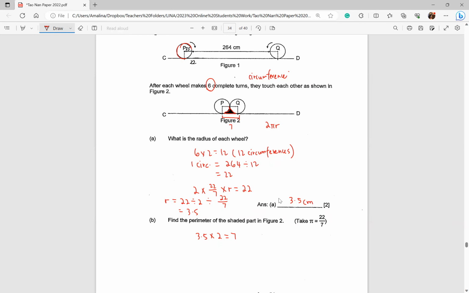So I find 1/4 of 2 pi r, or you can make use of your pi times your diameter. Okay, so 1/4 of your 22 over 7 times by your diameter. 1/4 of your 22, I get 5.5. This is for one quadrant arc.